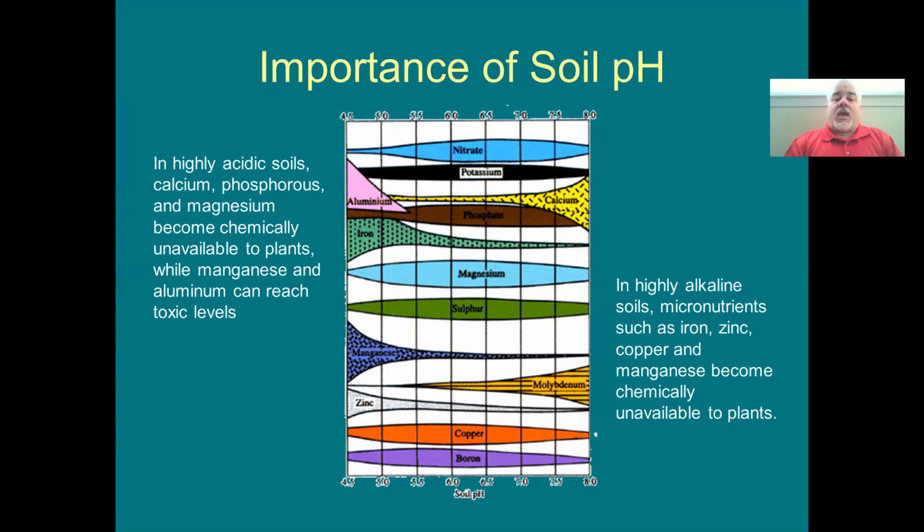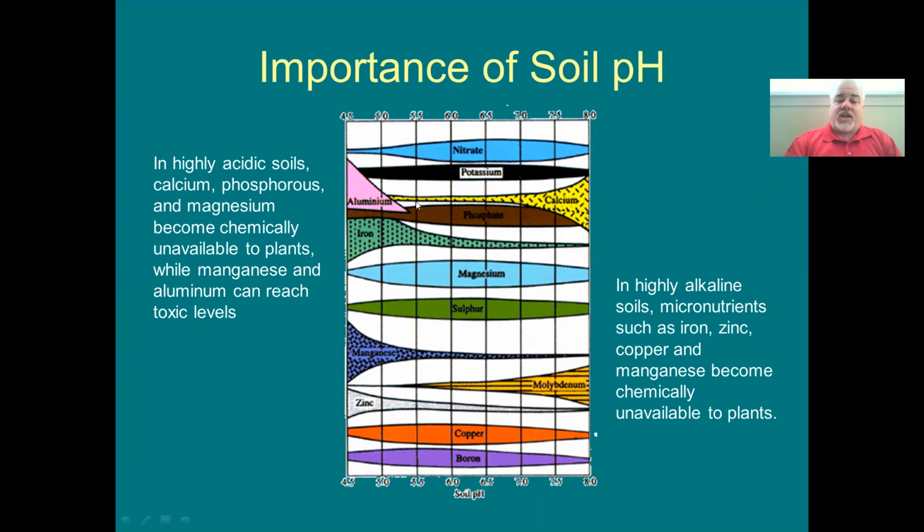And the wider the colored band for any given nutrient or toxin, the more available it is to plants. So for example, with nitrate, between 6 and 7.5, nitrate is easily available to plants. But you start getting above 7.5 and it rapidly goes down. Below 6, it also starts thinning.